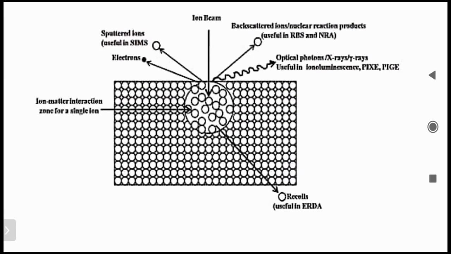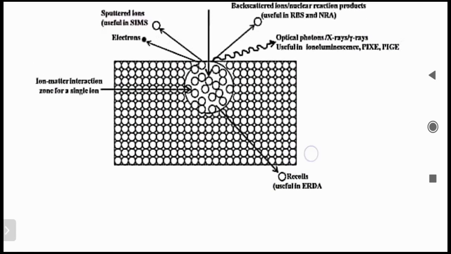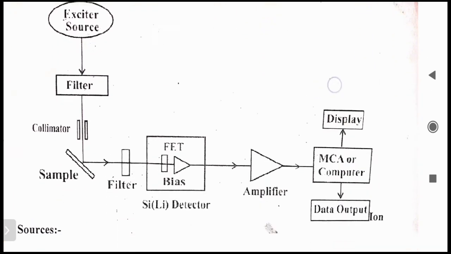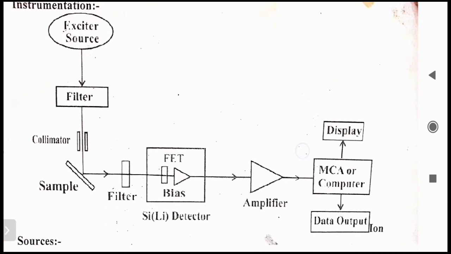This is the basic diagram for the type of interaction that might take place in the given sample. The next part is the instrumentation generally used in the particle induced X-ray emission technique.